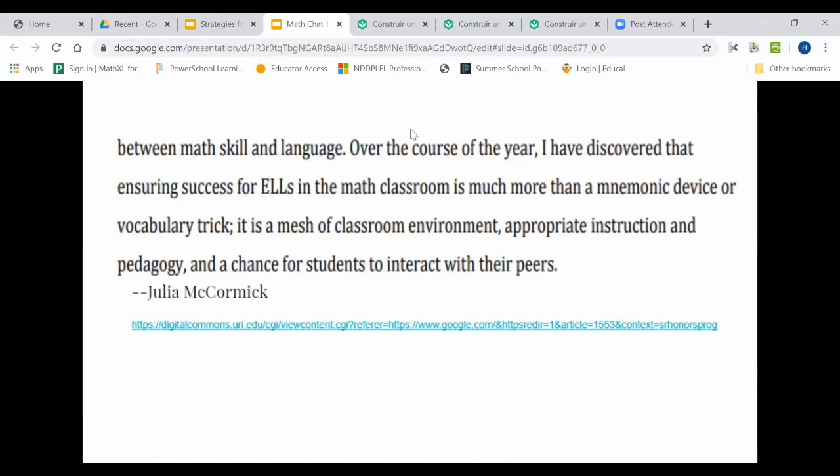Quick question: if you have a student who's an EL student and they are struggling something fierce, but they're super prideful, so they don't want to ask for help. Do you have any tips on reaching that kind of a student?